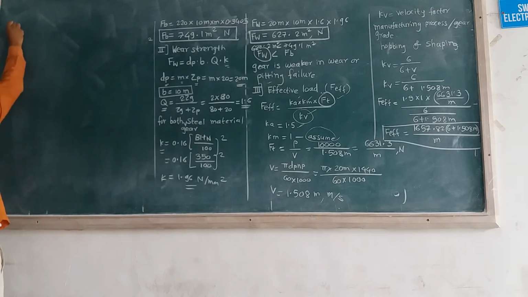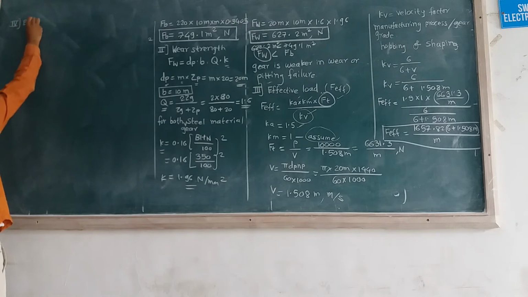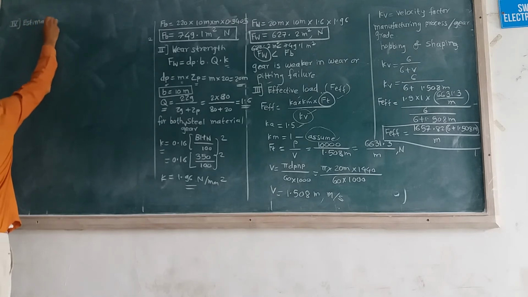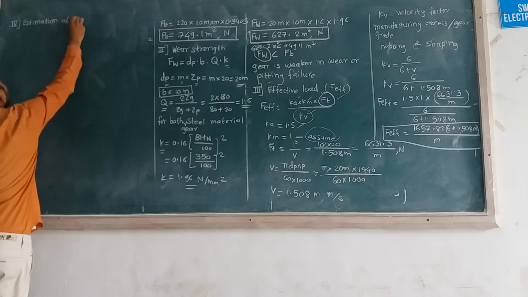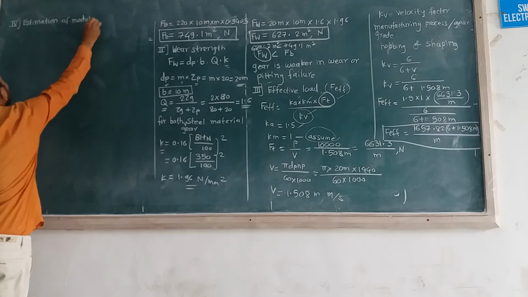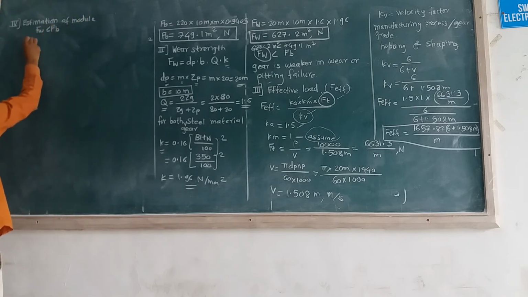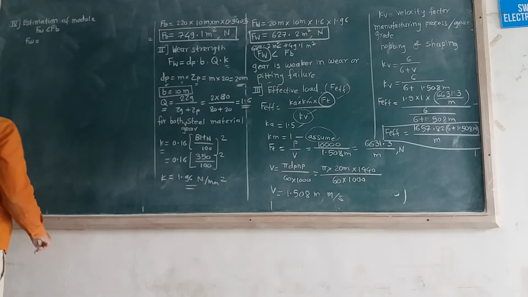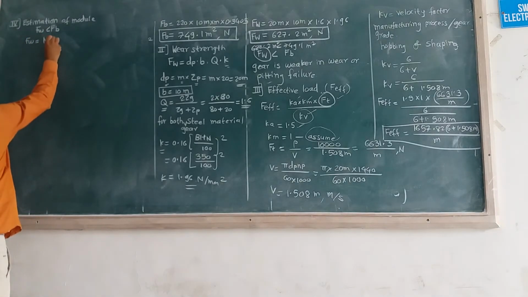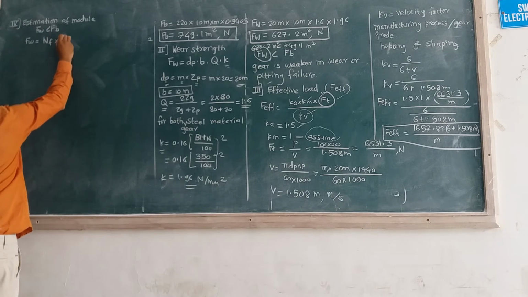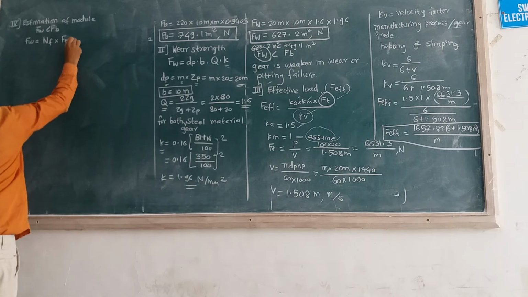The next step is estimation of module. FW formula. FW is equal to factor of safety into F effective.